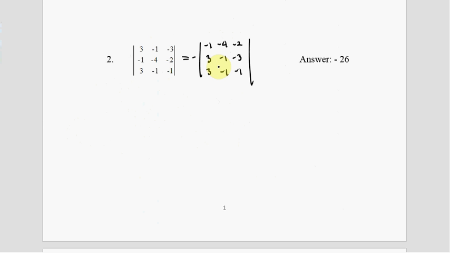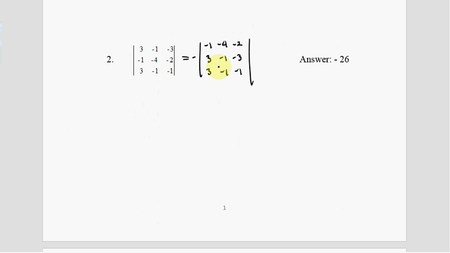Do you have your textbook with you, Daniel? We went over it in class, but on page 114, Theorem 2.23, Part B says that if B is the matrix that results when two rows or two columns of A are interchanged, then the determinant of B is equal to negative times the determinant of A. If you interchange two rows, negate the determinant.